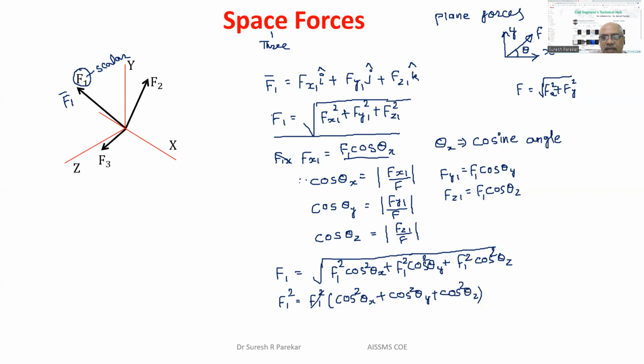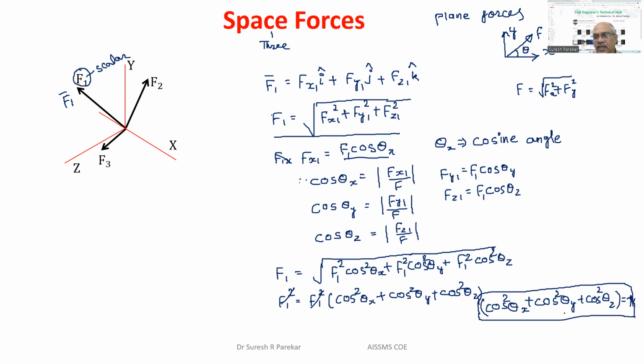Now this F1 square gets cancelled, and we have the sum of squares of cosines equal to 1. We should know this also. Therefore, the equation derived here is cos square theta x plus cos square theta y plus cos square theta z equal to 1. So this is the first part.